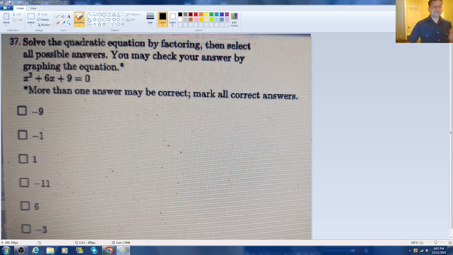Because this is set equal to 0, that means that y, or f of x, is also equal to 0, which means that that is where your x-intercepts are going to be, at the x-coordinates of what your quadratic factors to, and then the y-coordinate has to be 0 to remain on the x-axis.